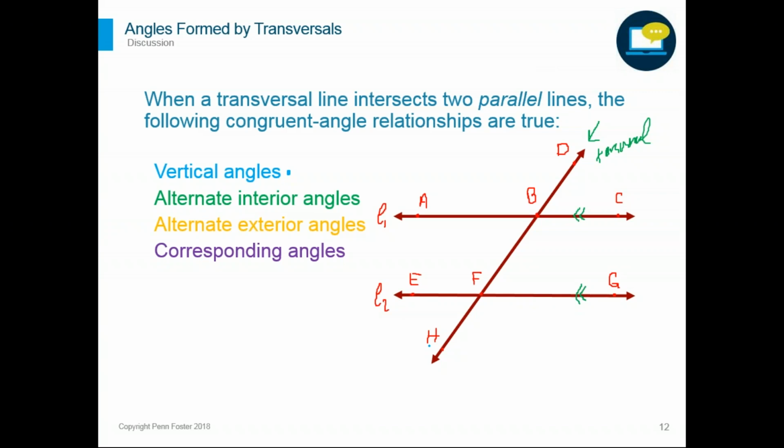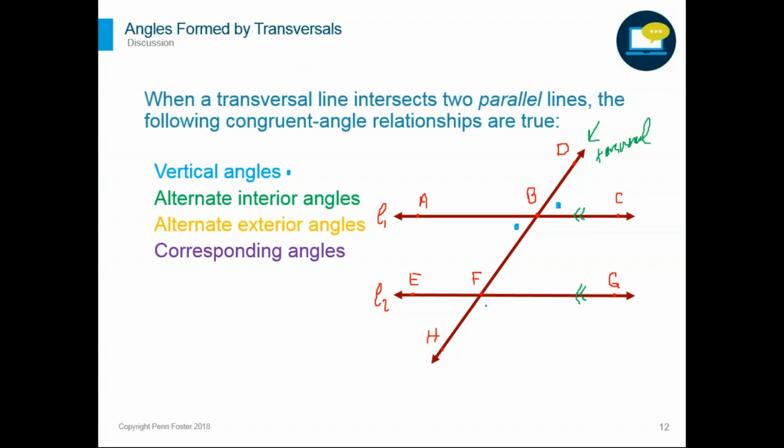So where are the vertical angle pairs? Vertical angles are like this angle, for example, and this angle. We call them vertical because they share a vertex. This point is the head of the two angles. It's the same for both.